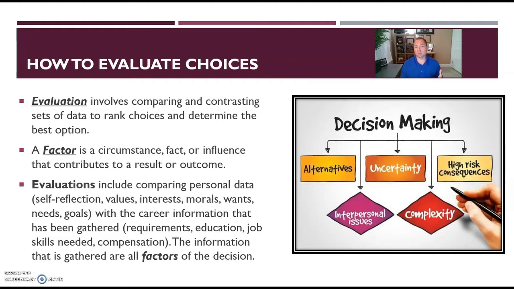Factors could be a person's family, whether or not you have kids. It could be trying to feed your family or take care of your family, provide better opportunities. A factor could be how far the job is from you. Do you have to uproot your life and move somewhere? A factor is how much money it takes to become educated. These are all things that will weigh into your choice ultimately to choose a career.